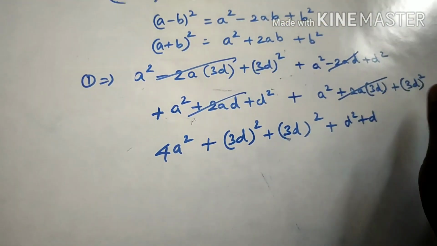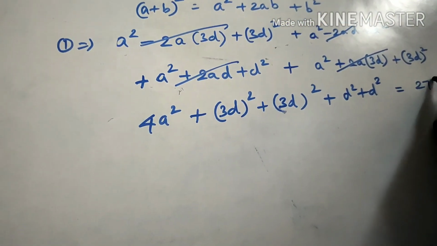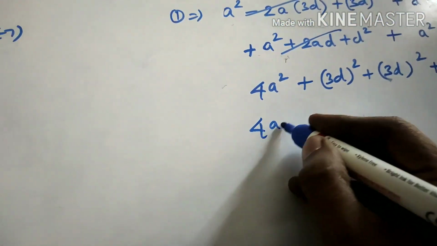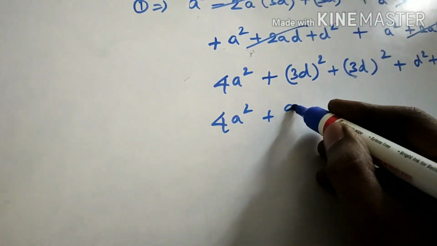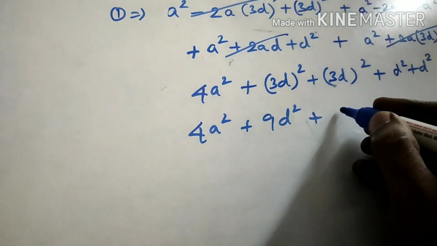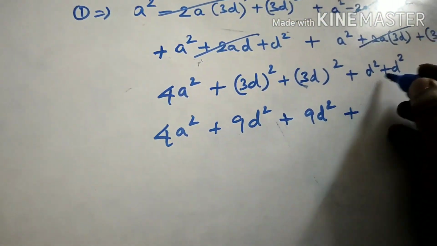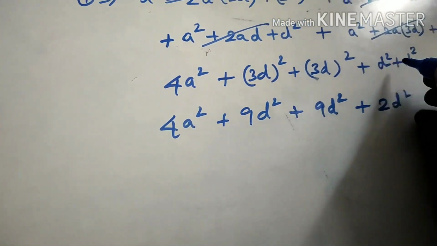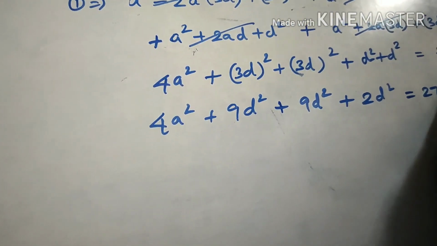We can write 2d square. Okay, next step: 4a square plus 3 square 9d square, because square is common for both 3 and d. This also becomes 9d square, and this 2d square. d square plus d square, 2d square equal to 276.